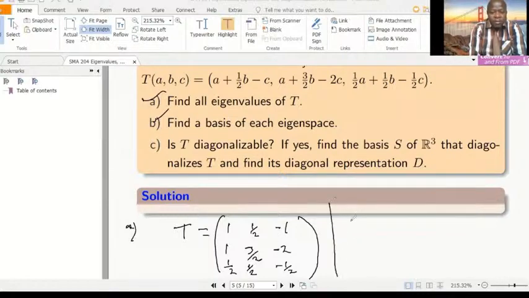We've seen in the previous examples that we'll have lambda cubed minus lambda squared multiplied by the trace of T, then plus lambda multiplied by C11 plus C22 plus C33, and then minus the determinant of T.